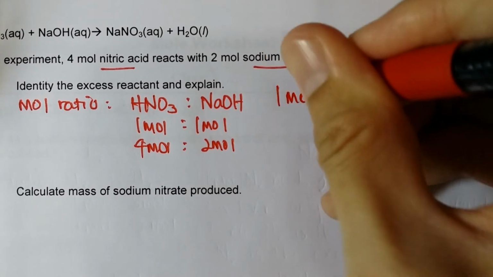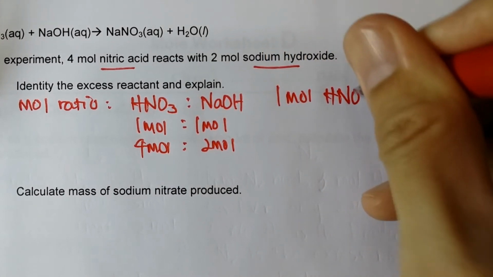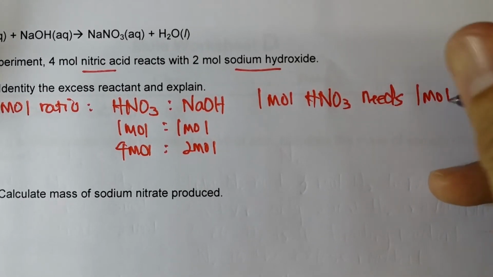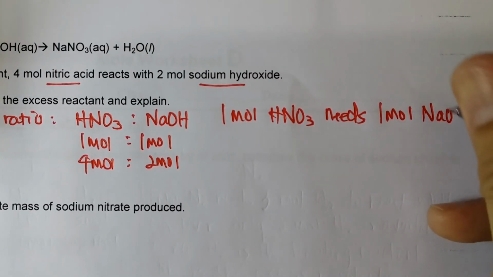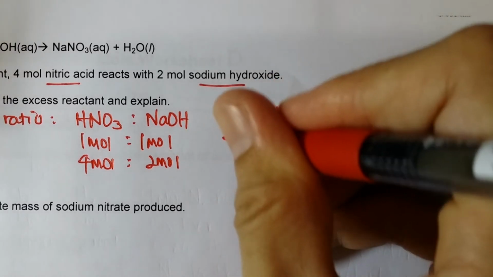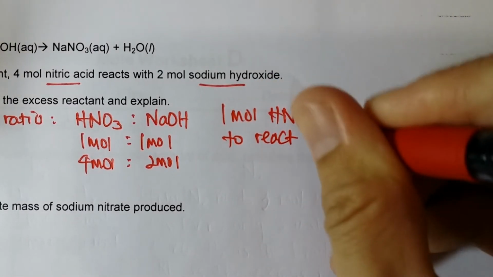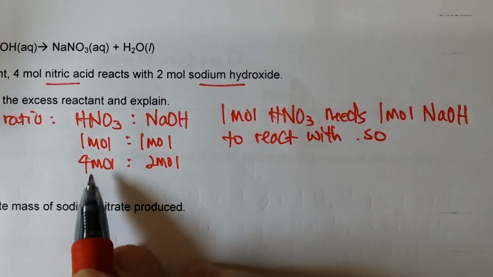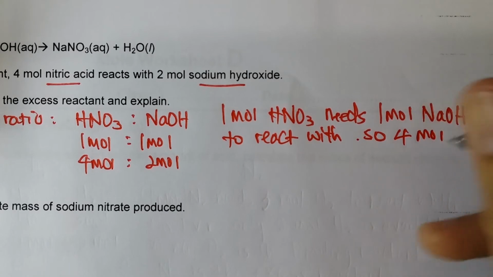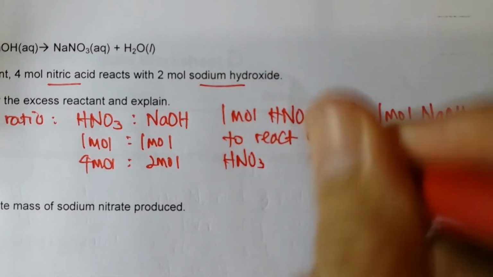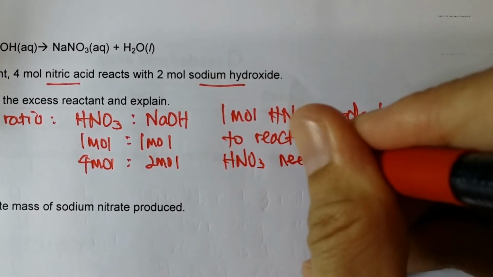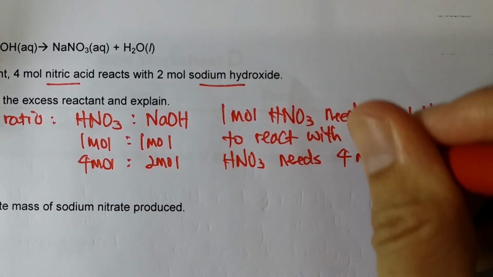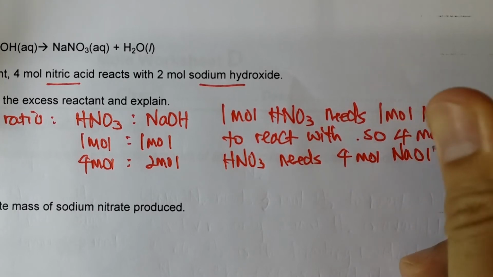So 1 mole HNO3 needs 1 mole NaOH to react with. So now it's 4 mole. 4 mole HNO3 would need 4 mole NaOH.